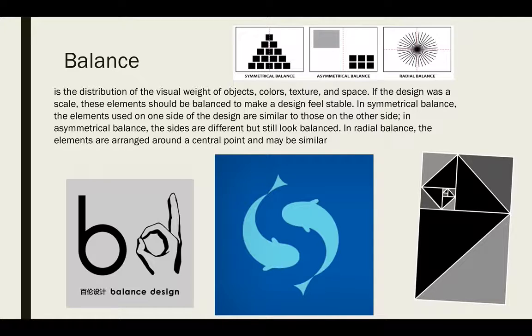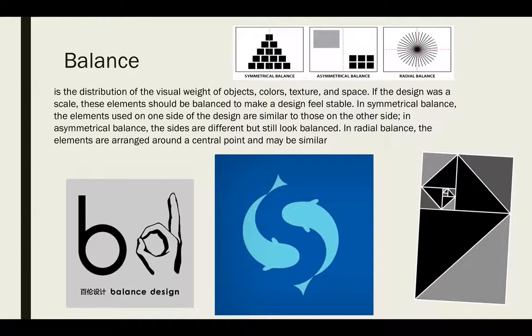So balance can be thought of as the way we distribute visual weight in design, whether it be through colors, texture, using objects. If a design was maybe a scale, a balanced design would have it so that both sides of the scale were measured equally and were in the exact same place.